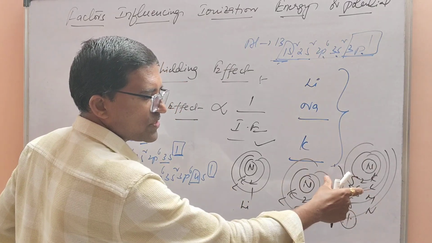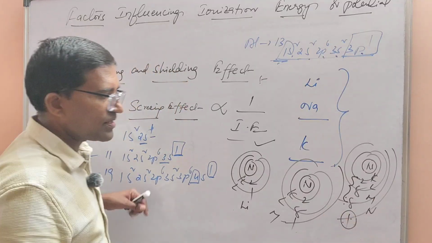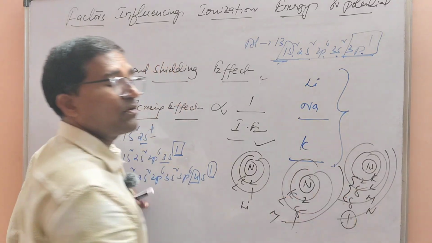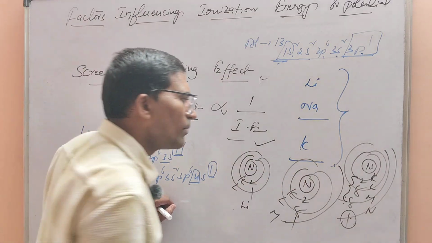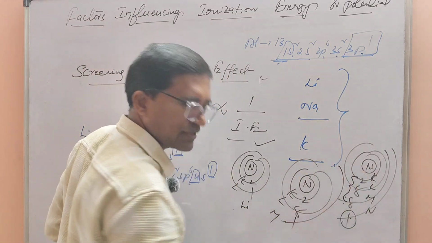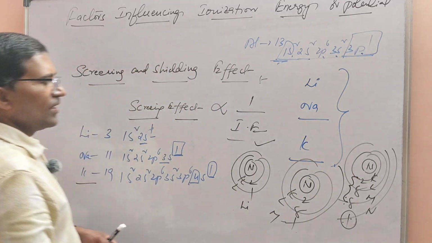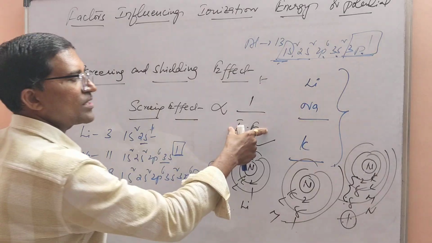Among all these 3 elements, the last element, potassium, has the least ionization energy because the number of shells is more, which act like screens, shielding the nucleus and giving protection to the nucleus from the attractive force of the last shell electron. So by this we can understand that as the screening and shielding effect increases, ionization energy decreases.